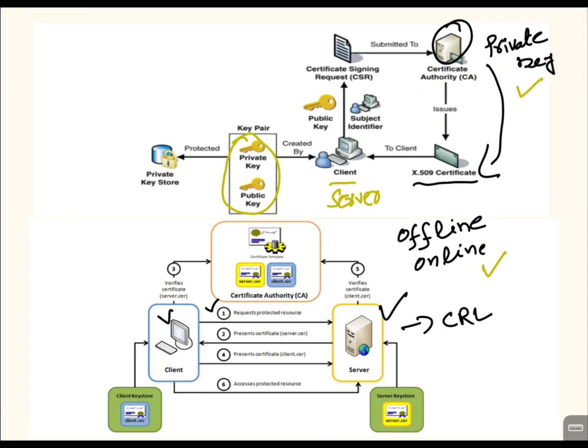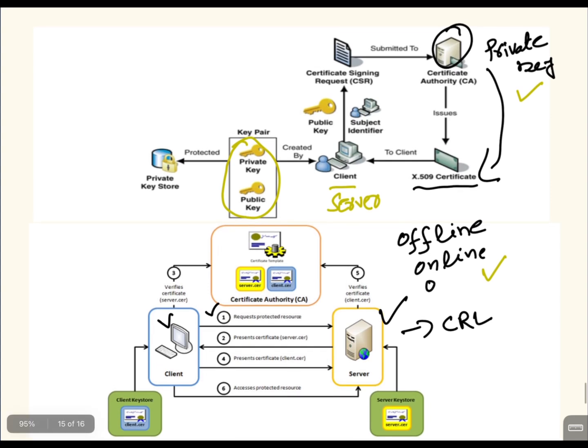It can be done locally. That is an important thing. But there is another way to verify the certificate, and that is online. Online means using the OCSP protocol, the Online Certificate Status Protocol, which checks directly with the CA in real time. And for that, you need internet connectivity.